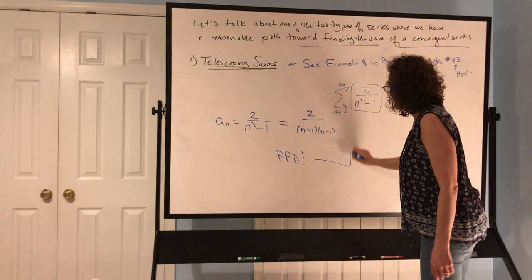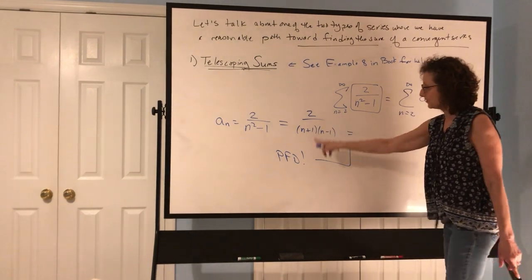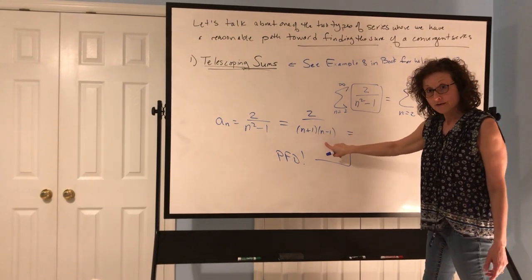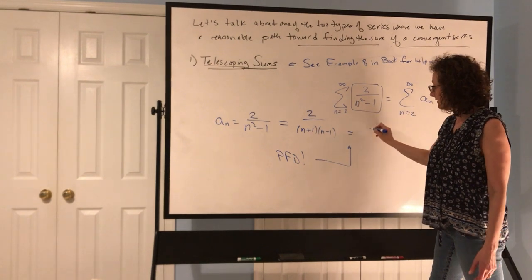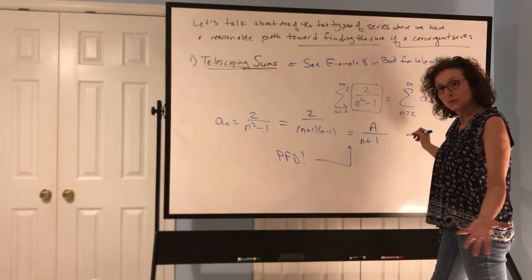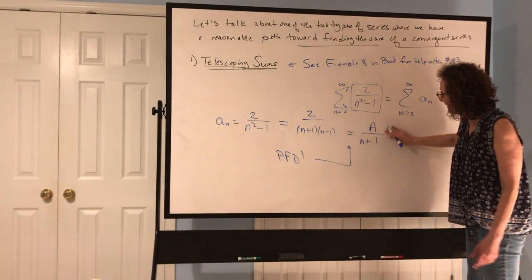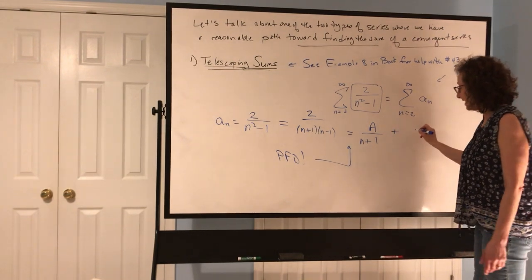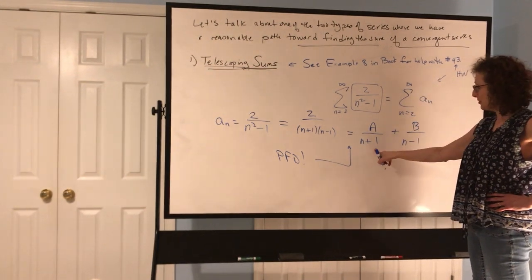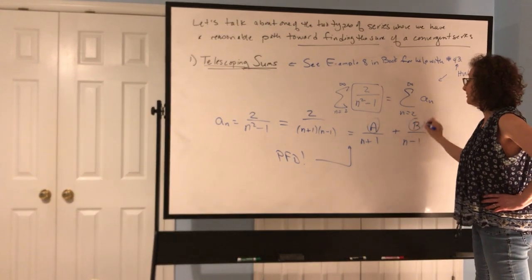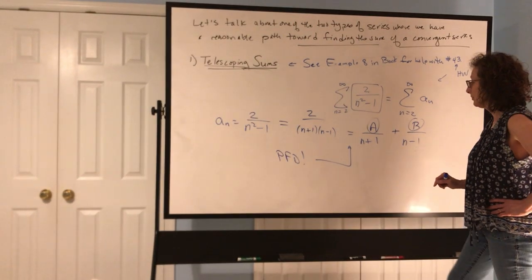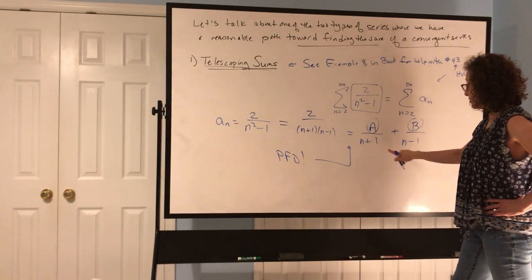Okay, and then the partial fraction decomposition, I have two different non-repeated linear terms, right? So that's going to be a constant A over n plus 1, plus a B over n minus 1, right? So here's the partial fraction decomposition. Now you've got to determine A and B by recreating the fraction, doing what we did before with integration when we use partial fraction decomposition.